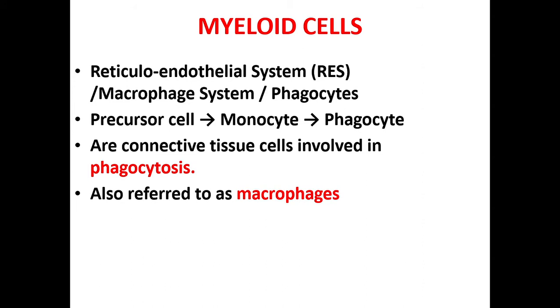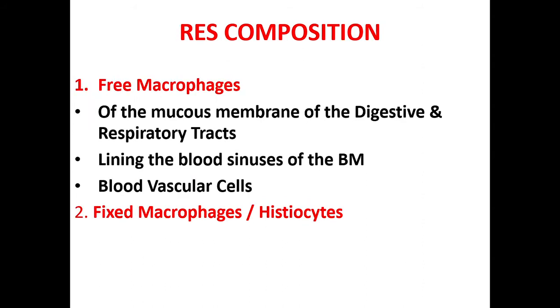Then we have the monocytes and connective tissue cells involved in phagocytosis, and all of these are referred to as macrophages. The reticuloendothelial system is composed of both the free macrophages and fixed macrophages or histiocytes.